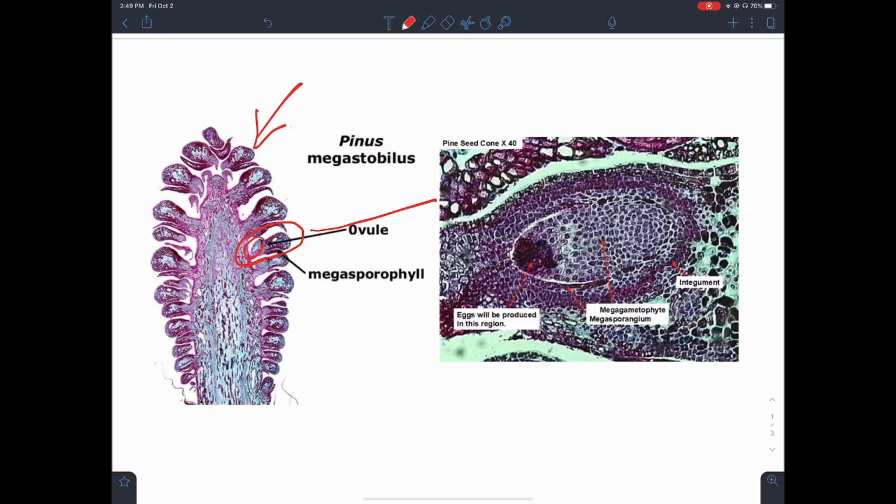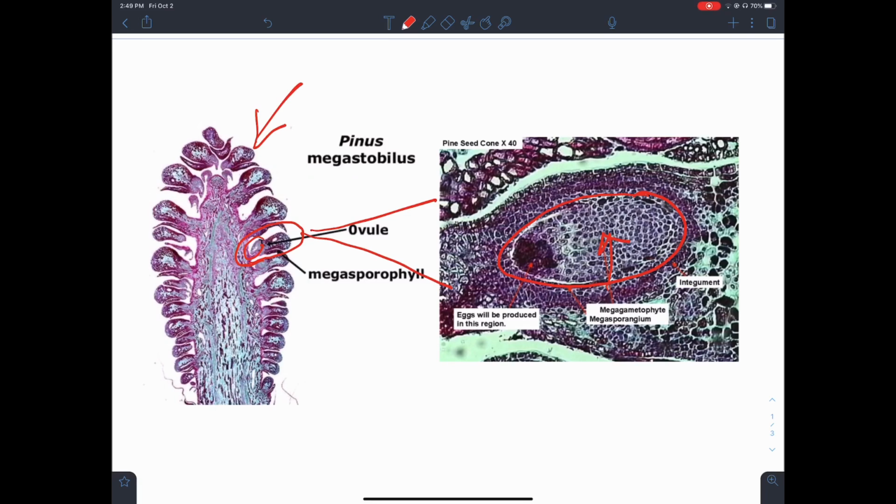And if we enlarge that, what you see is we have the megasporangium here, and inside of the megasporangium is now the megagametophyte. The megaspore was created through meiosis, and the megaspore began to grow by mitosis to produce this large megagametophyte inside the megasporangium.